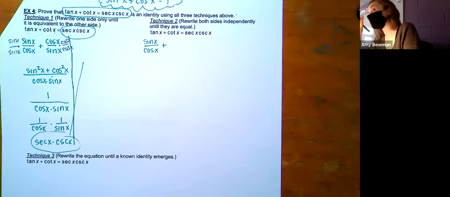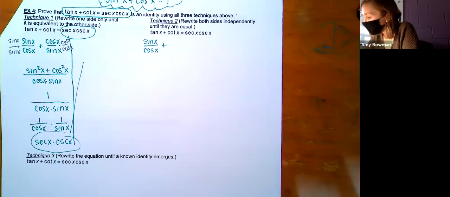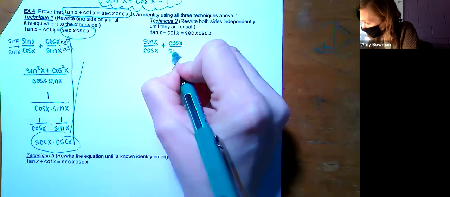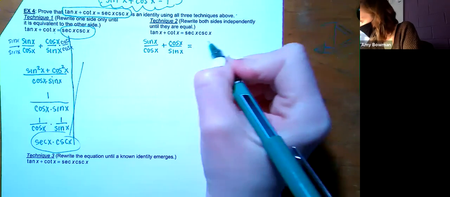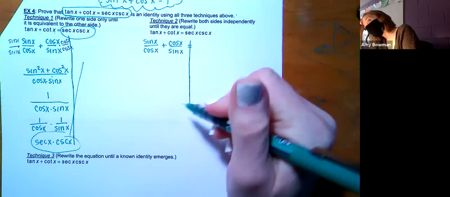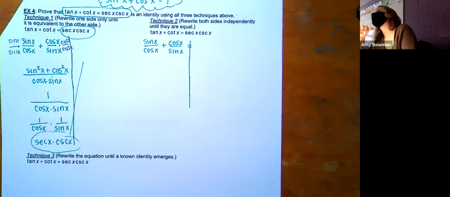Instead of cotangent of x, cosine of x over sine of x equals, okay, here's where I draw my bar because before I say they're equal, I just need to make sure. All right, secant of x.